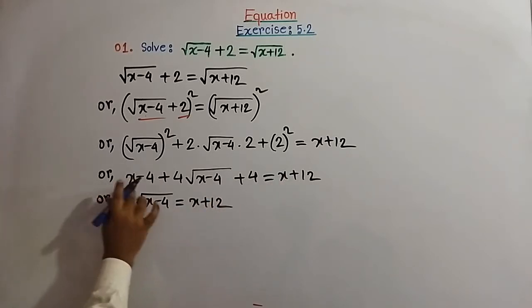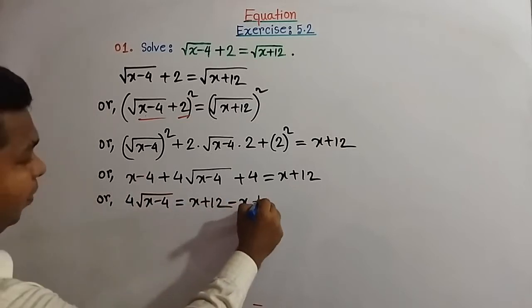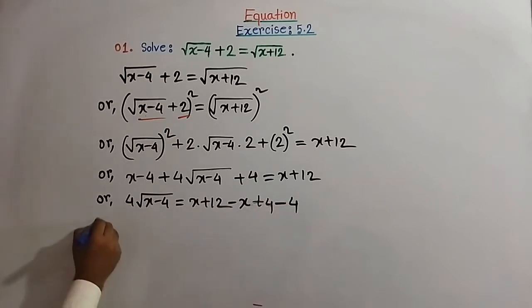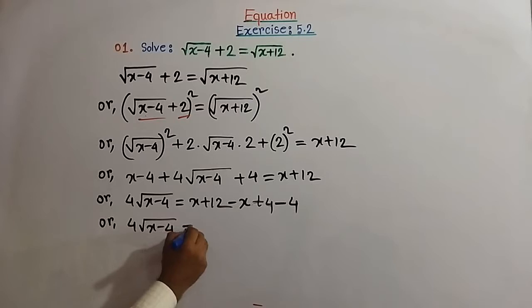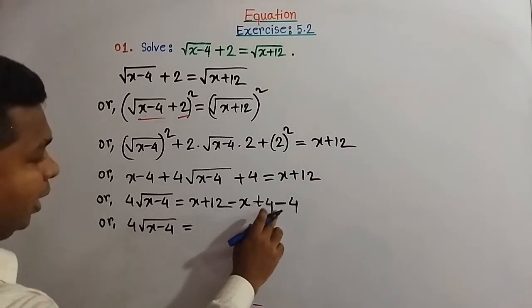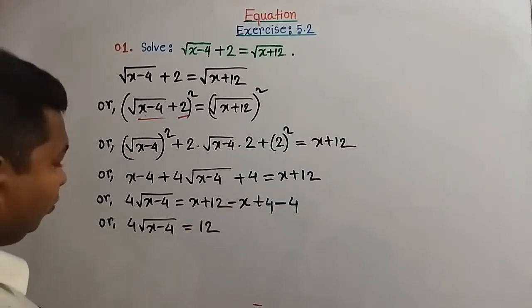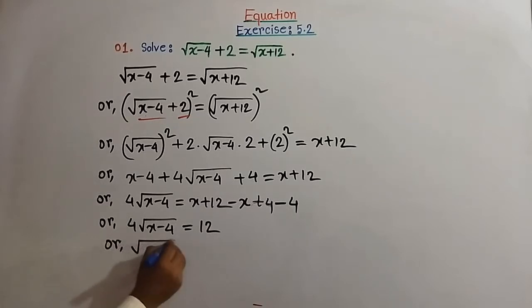Now plus x becomes minus x, minus 4 becomes plus 4, then plus 4 becomes minus 4. So 4 square root of x minus 4 equals, x minus x is cancelled, plus 4 and minus 4 will be cancelled, so it will be only 12. Now dividing both sides by 4, we will get square root of x minus 4 equal to 3.